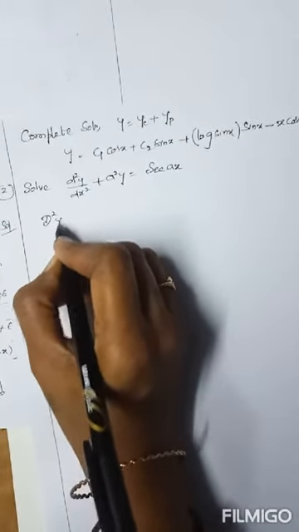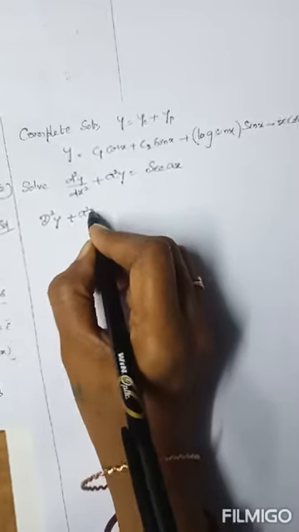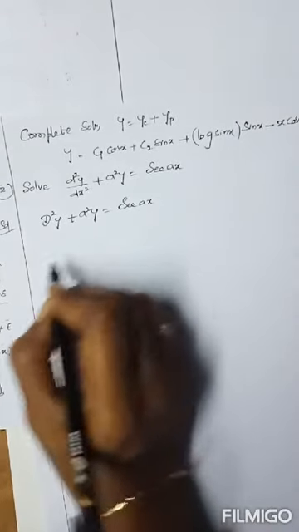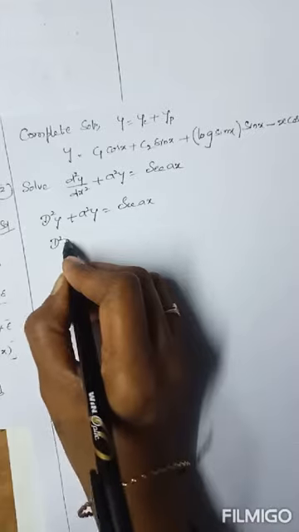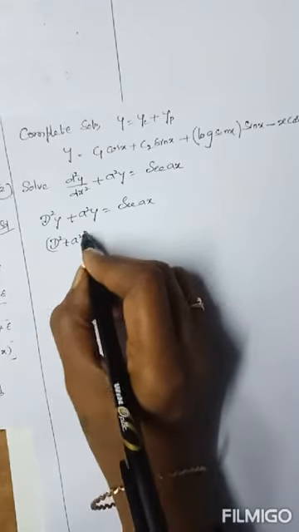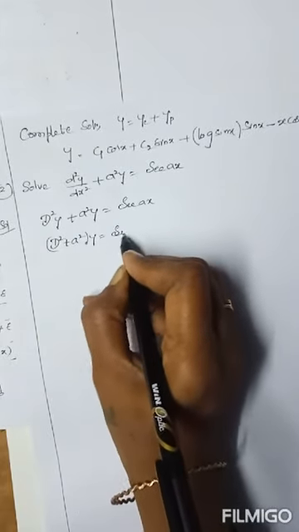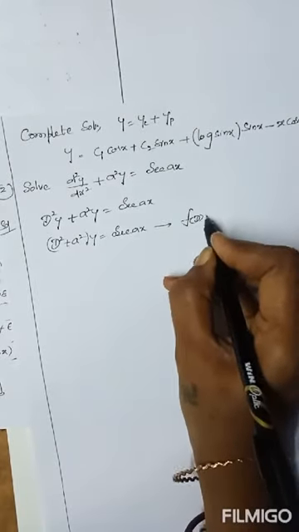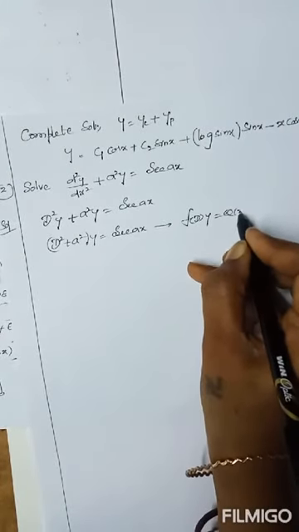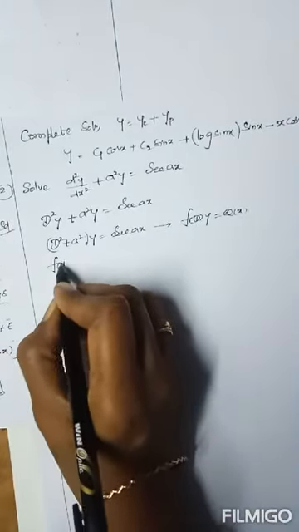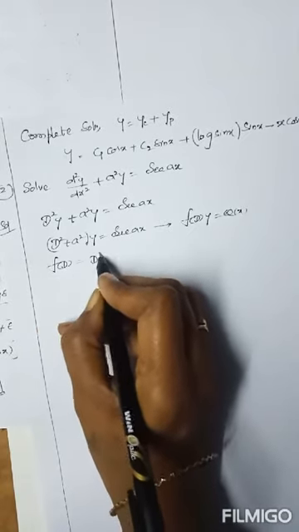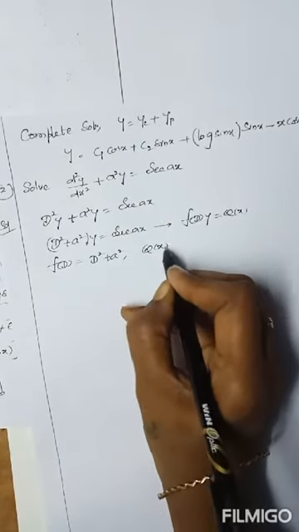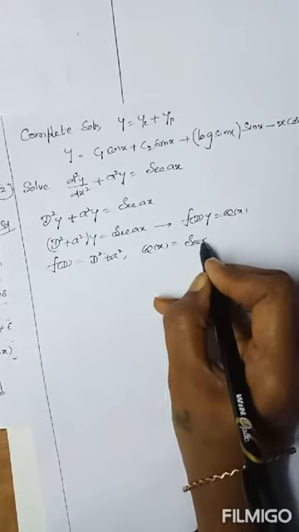D square y plus a square y equals secant ax. From this, y as common, D square plus a square of y. This is similar to f of D of y equal to Q of x, where f of D equals D square plus a square and Q of x equals secant ax.